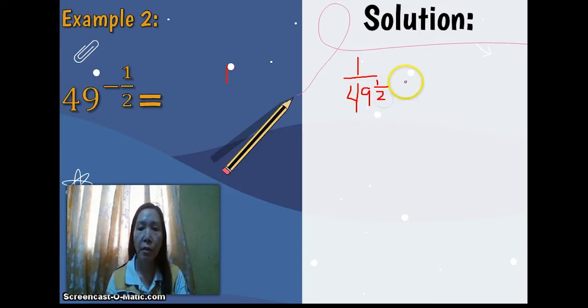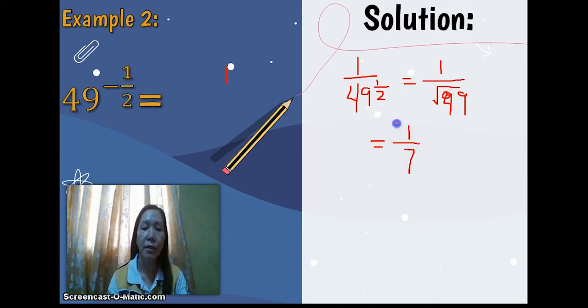To simplify, we will write 1 over, and we knew that 49 raised to 1/2 is the square root of 49, right? And the square root of 49 is equal to 7. So we have 1 over 7. So this is the answer.